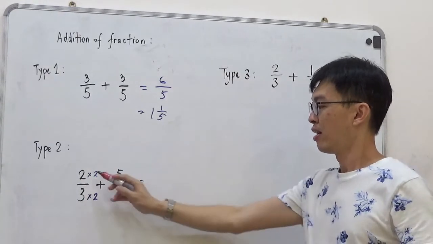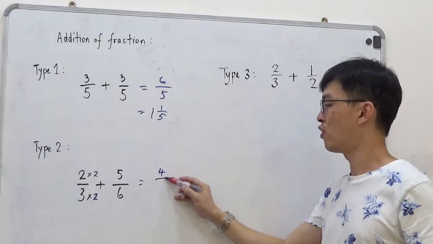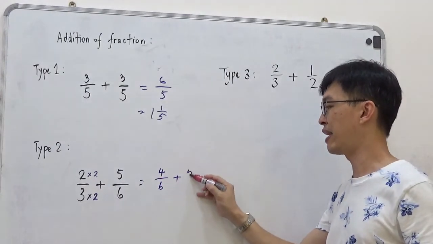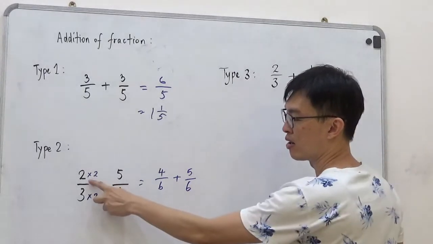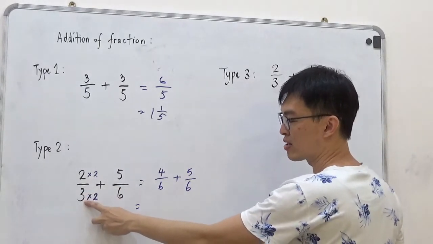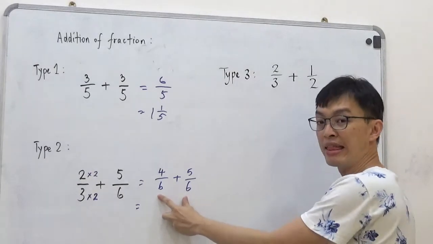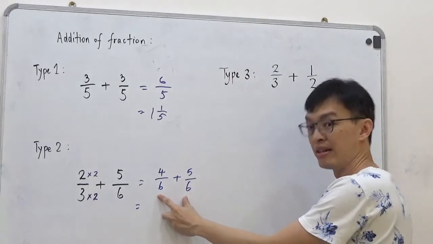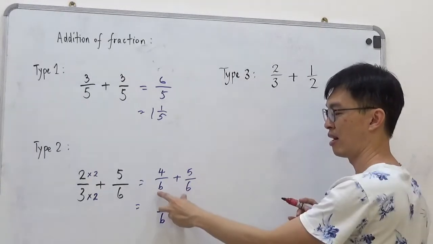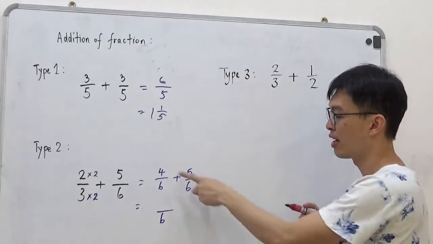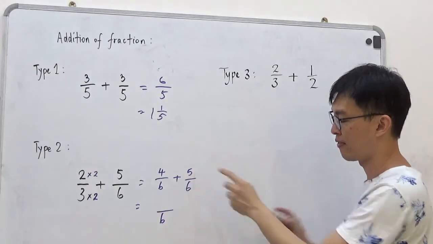So 2 times 2, 4, 4 over 6 plus 5 over 6. Okay? Now the denominators are the same. So make sure you do that. Denominator doesn't change. 4 plus 5.